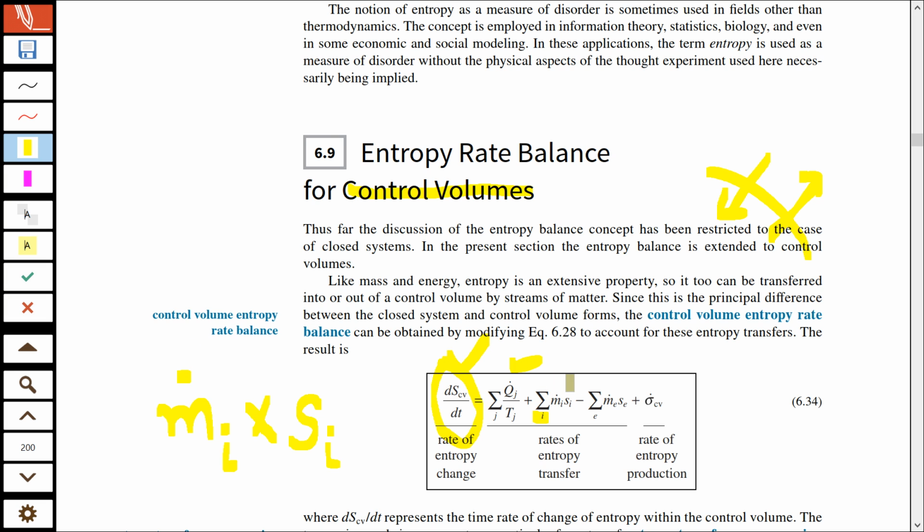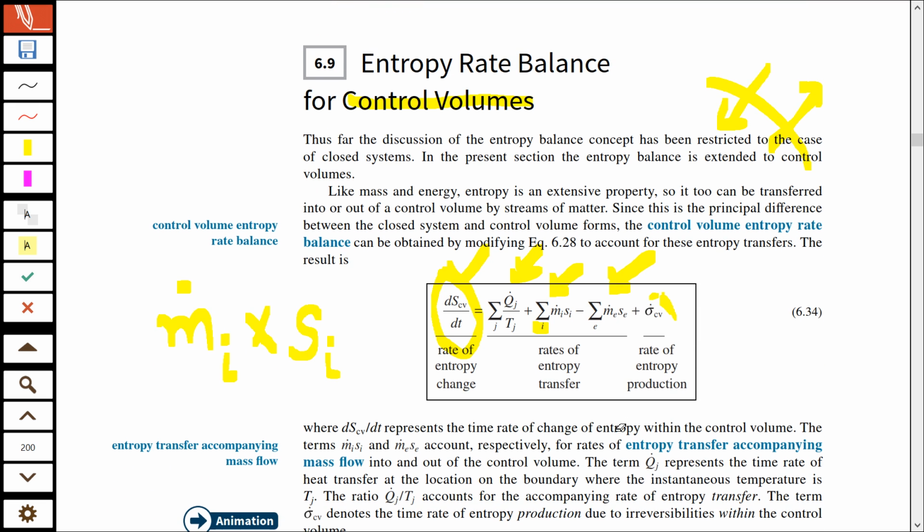These dots, this q dot, this m dot, represent something crossing the boundary. And this dot is the entropy production within the system, so it is not something happening at the boundary. These are the boundary phenomena.